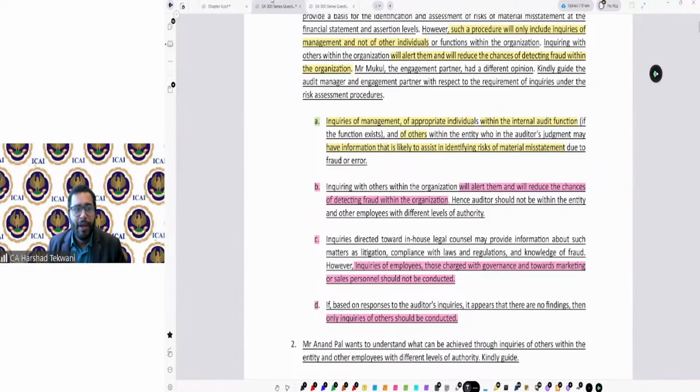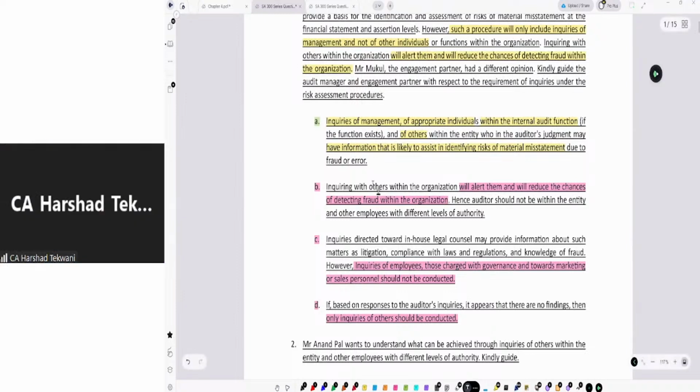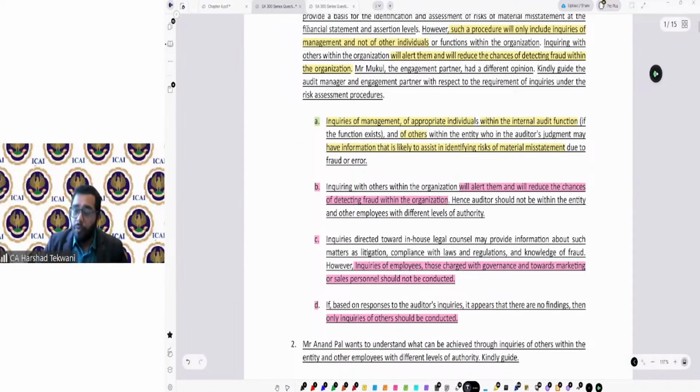Which information can you gather, let's say, from internal audit, from in-house legal? If you have to summarize which information you can get from different departments and different levels of employees within the organization, can you give some examples?